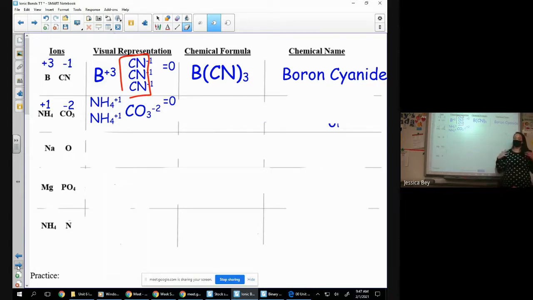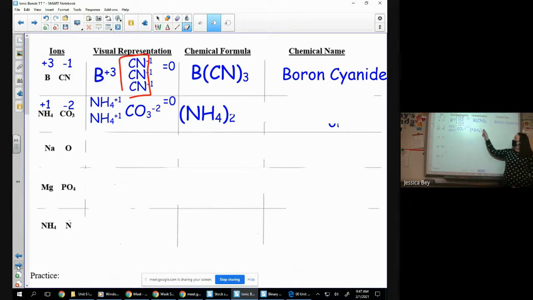This is where it gets tricky with your parentheses. I write that I have NH4. And how many of those bad boys do you need? You need 2. So let's put them in parentheses. NH4 is what my polyatomic ion is. Put parentheses around it. Boom. Then you give me a 2.